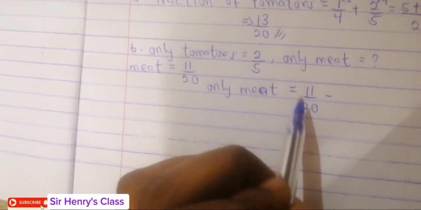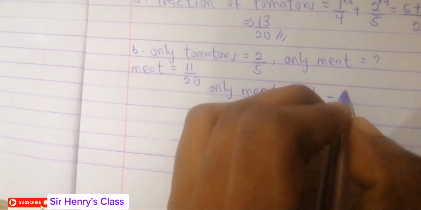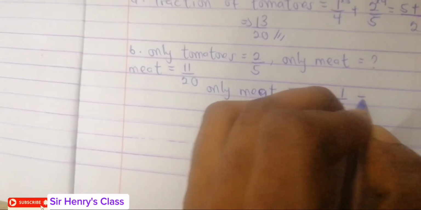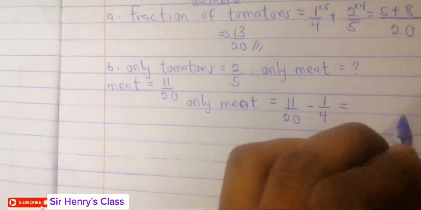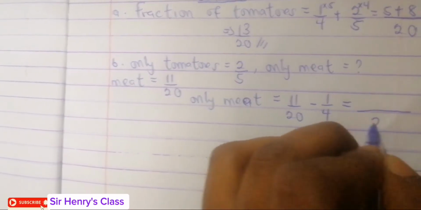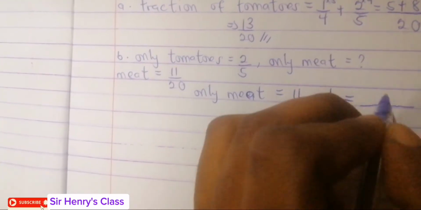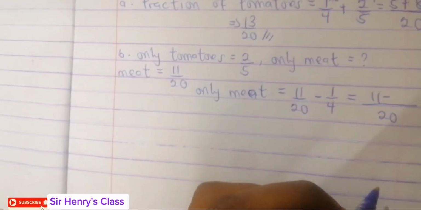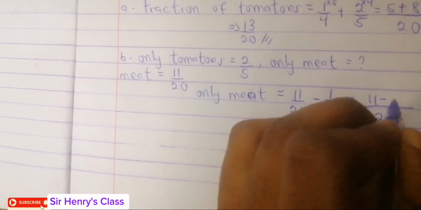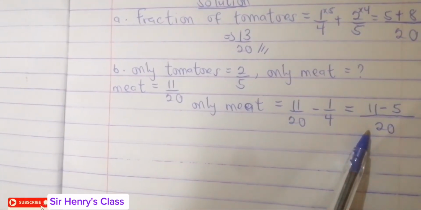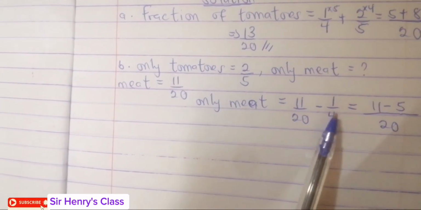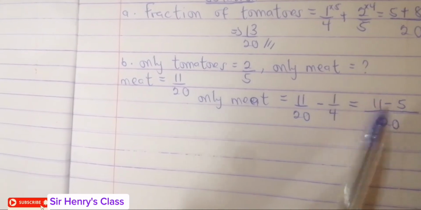So 11 over 20 is those who sell meat, so we just subtract 1 over 4, since 1 over 4 is those who sell both meat and tomatoes. The LCM will be 20. So automatically I'll have 11 minus 5. Why is 11 minus 5? 20 divides by 20 once, 1 times 11 is 11. 4 into 20 is 5, 5 times 1 is 5.